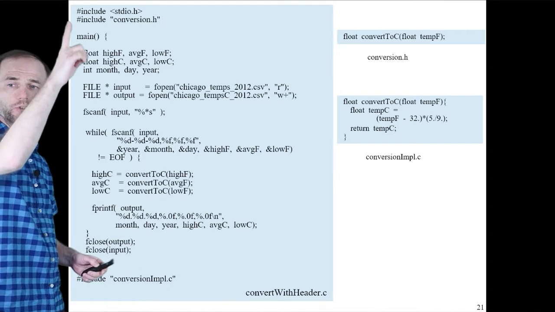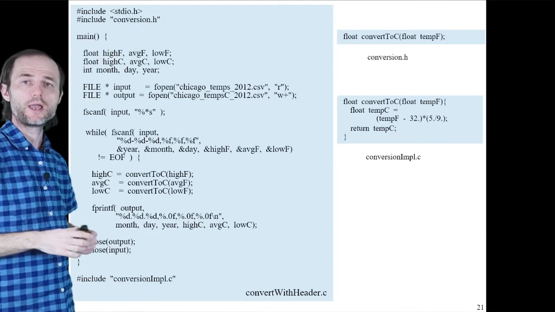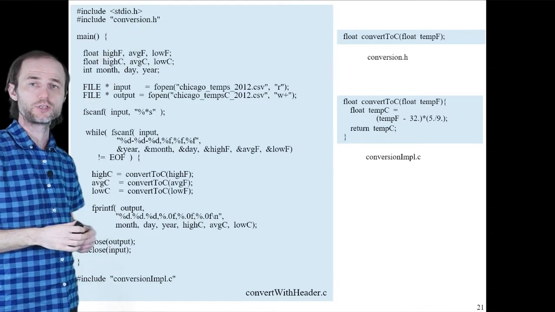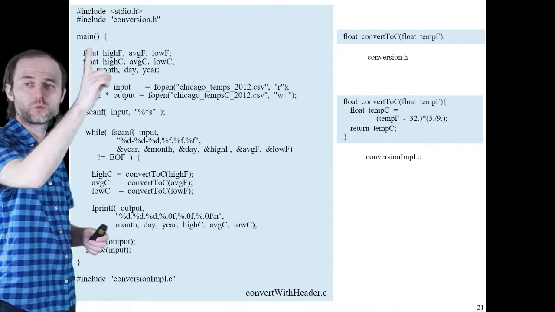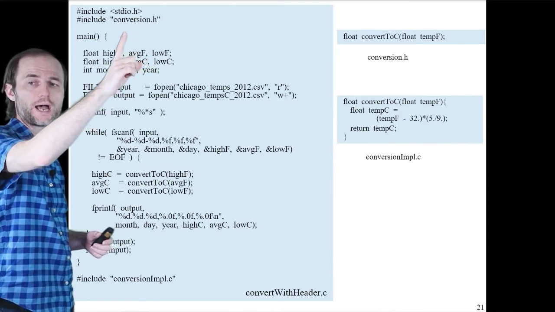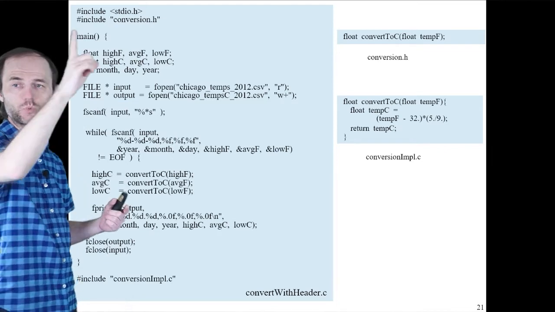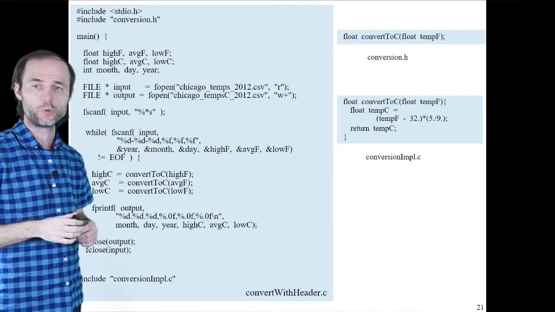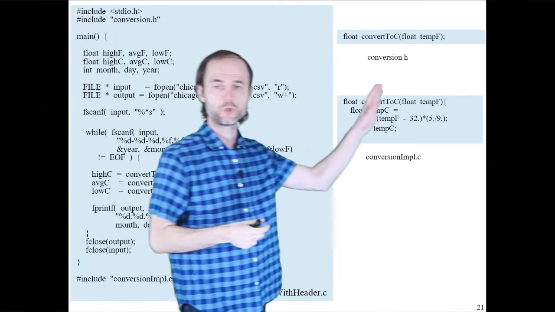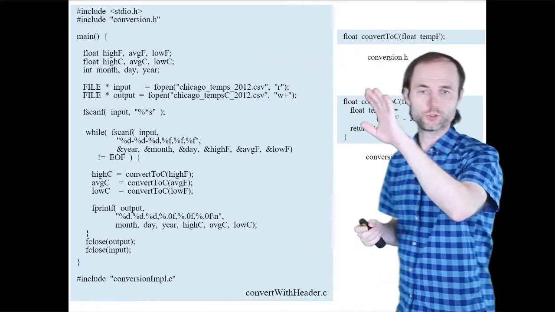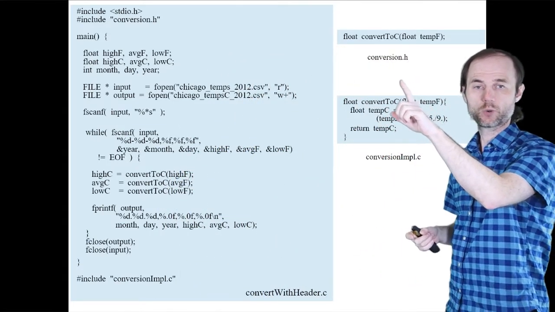So at first we are going to include the standard input-output header, stdio.h, and then we will include conversion.h. This is our own header. That's why we include it in quotes. This conversion.h will be sitting in the same folder or directory as our C file.